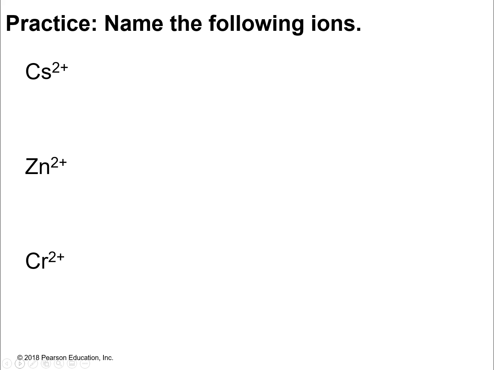And then move on from there. So again, 3 minutes. Try to name these ions using the stock system or just the regular old naming mechanism for cations. I'll check back. Actually, I'll give you 2 minutes because this shouldn't take too long. So I'll give you 2 minutes and then I'll check back.